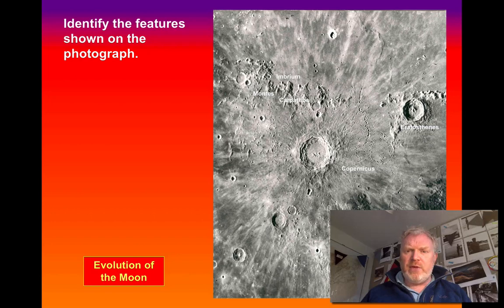Think about what we've already looked at in the previous lesson. Label them up on your photograph. Maybe press pause now and then watch the video on the evolution of the moon that follows this.